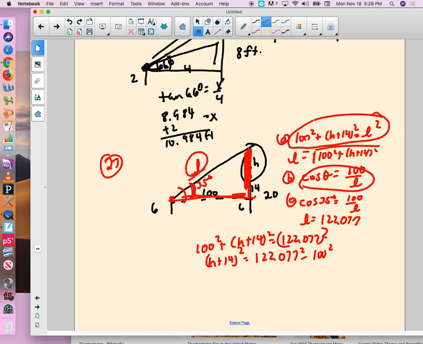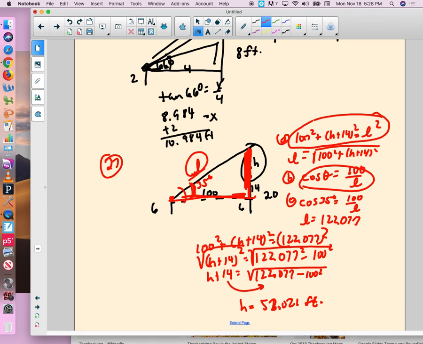Then to solve for H, I'm going to square root. I'm going to ignore plus or minus because I know this is a height that's positive. So it's the square root of whatever number this is. And then to solve for H, I'm going to subtract 14. For H, I got 56.021 feet.